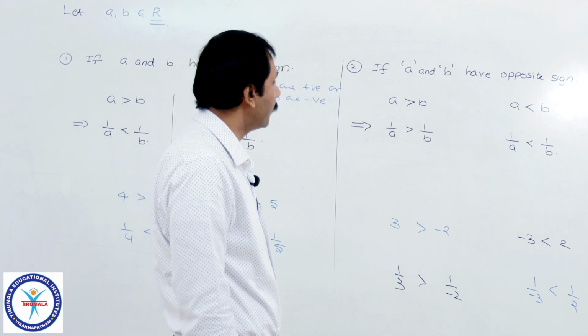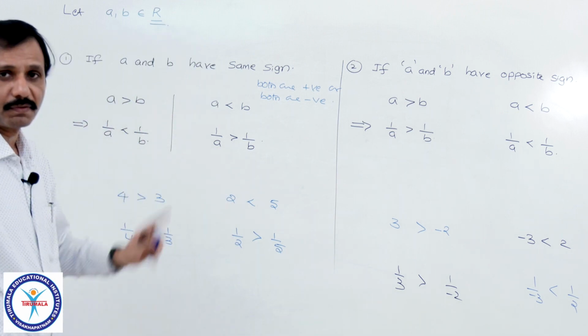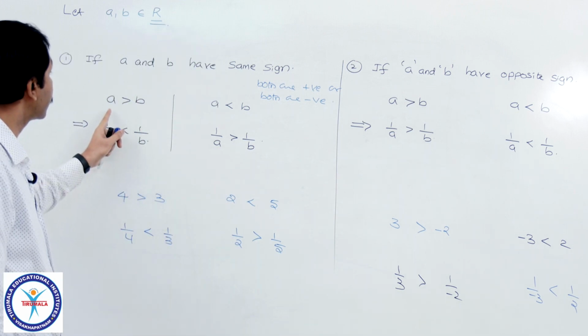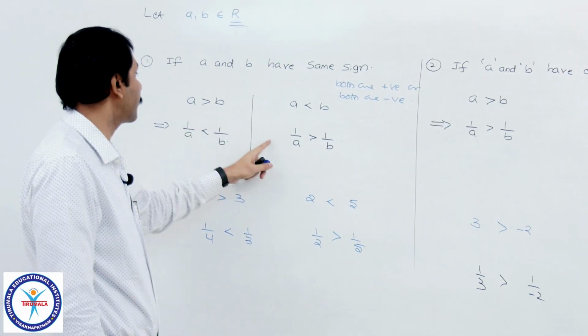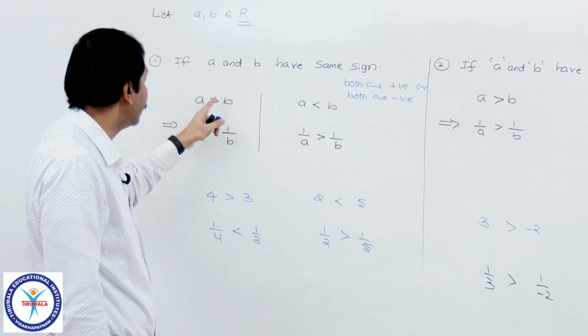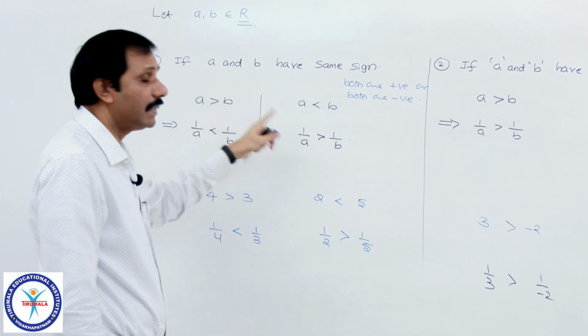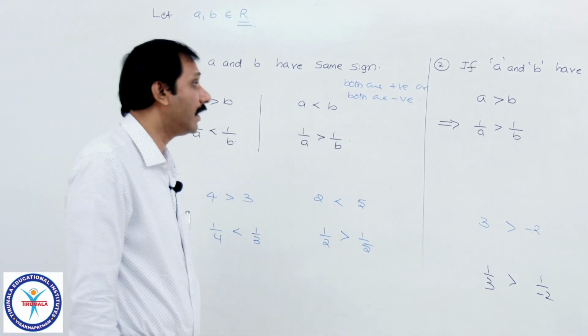So, without observing the signs, don't conclude that whenever A is greater than B, 1 by A is less than 1 by B. Observe the sign of both these real numbers. If they have the same sign, either both positive or both negative, then the inequality will change: greater than will become less than, and less than will become greater than.